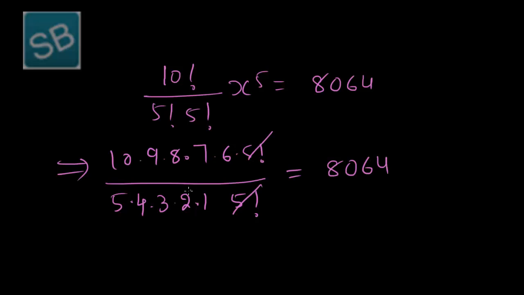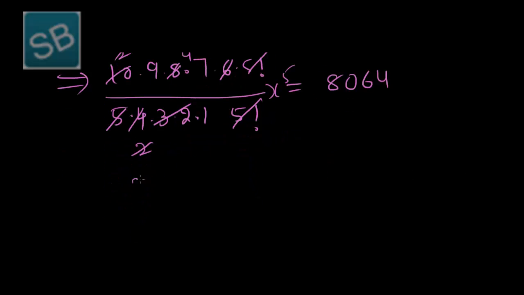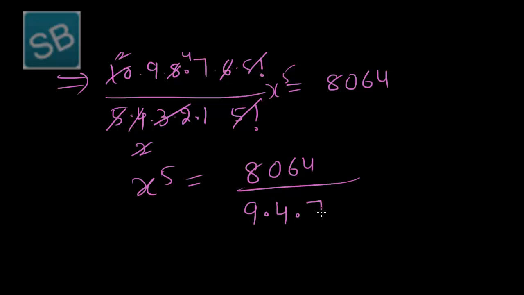So we have, this cancels out, and we get x^5 is equal to 8064 over 9 into 4 into 7.